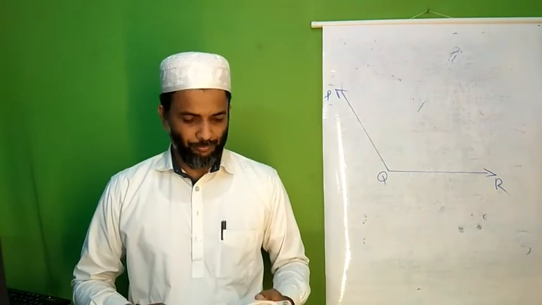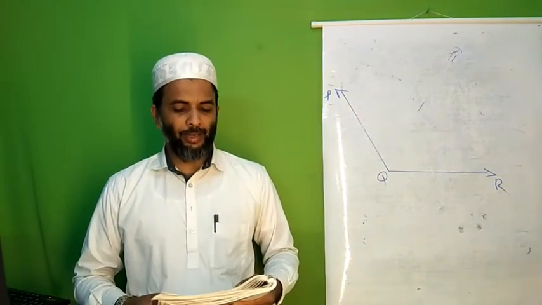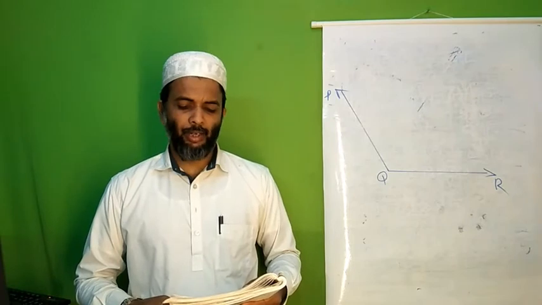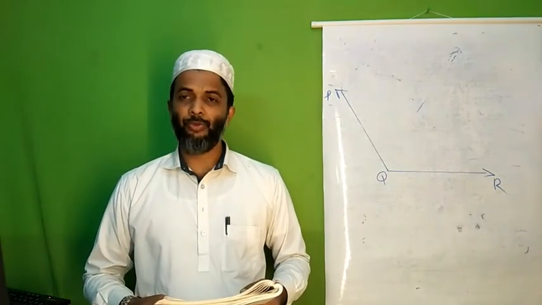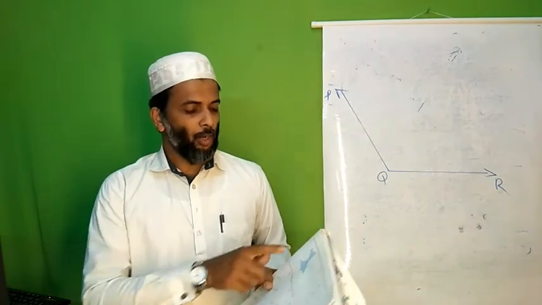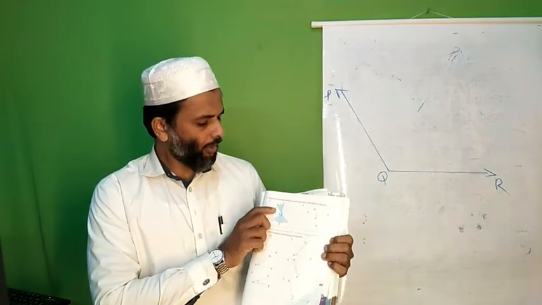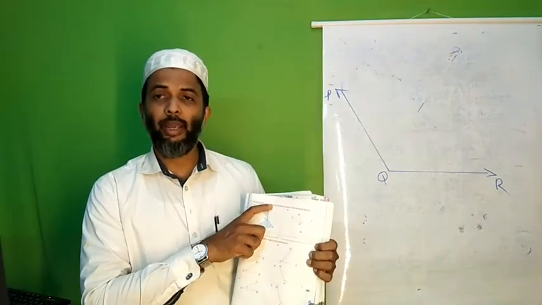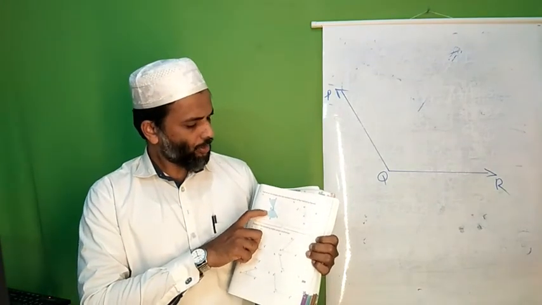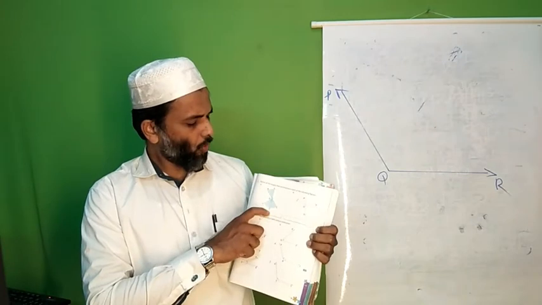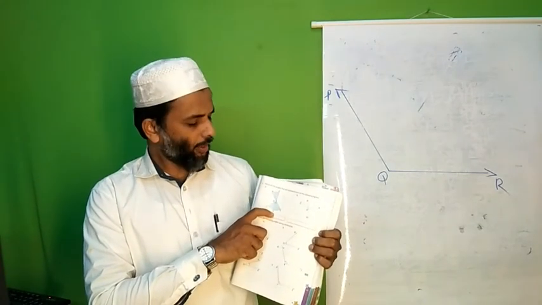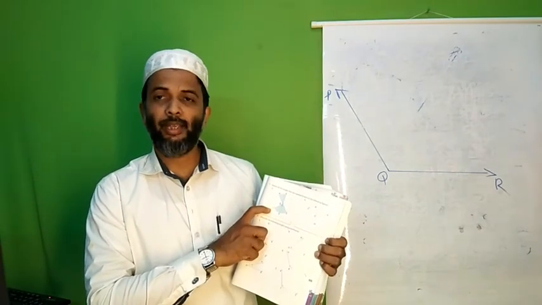Question number 3. Name all the angles that are marked in each of the following figures. First one, angle BOA, angle COD, angle EOD, angle EOC.